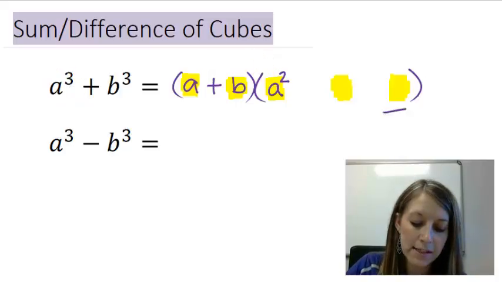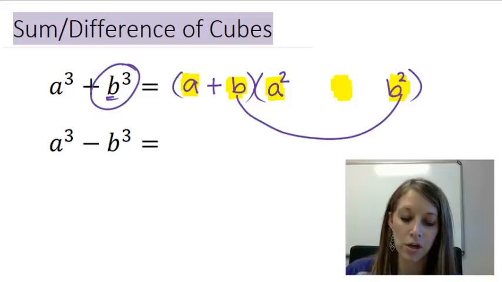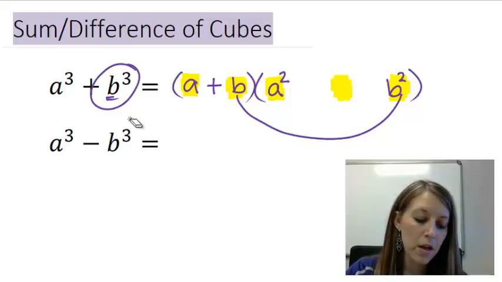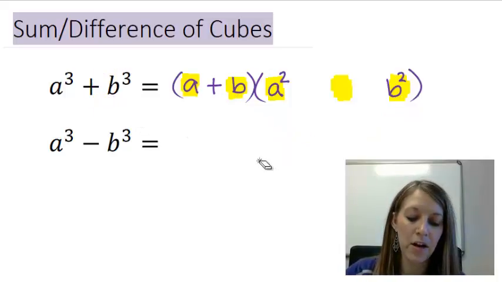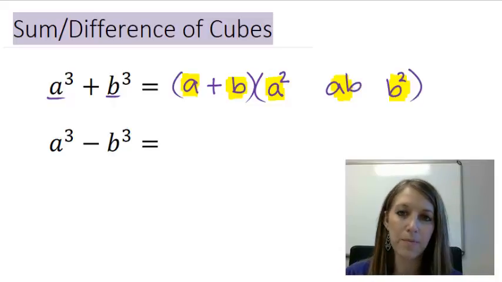Now, in my last guy here, I'm going to take my last term of b, and I'm going to square it. And for the same reason, because if I multiply b times b squared, that needs to give me my last term of b cubed. So the only thing left I have to figure out is the middle piece here. And that comes from multiplying our two terms. So I have a times b.